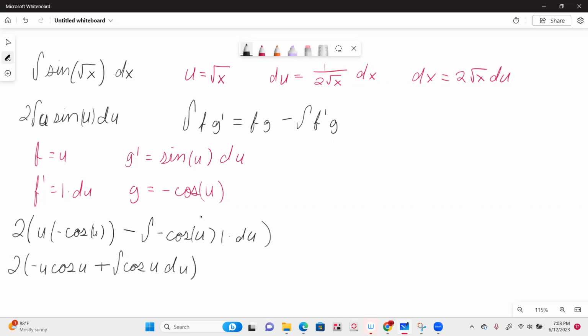Now from here, we can take our integral. So we have 2 times negative u cosine u plus, now the integral of cosine is sine, so that's going to be plus sine u.